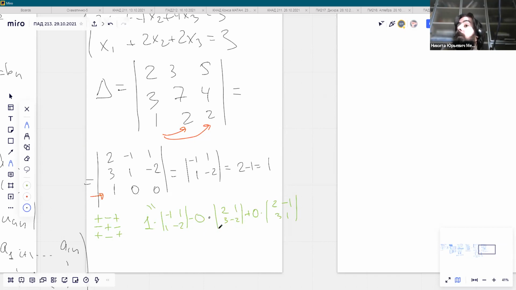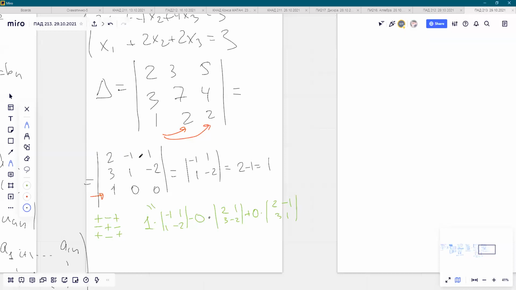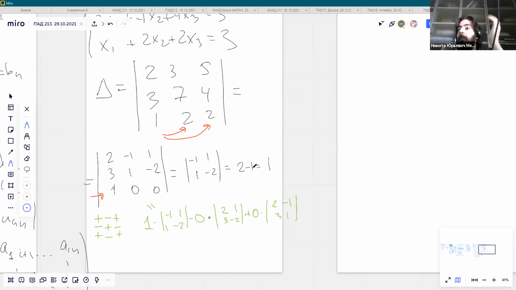I don't need to know the value of this to find this product. It is 0. So this way, I make my determinant smaller. I only need to consider now this part. Okay, thanks a lot. So in this particular situation, I obtain 1.